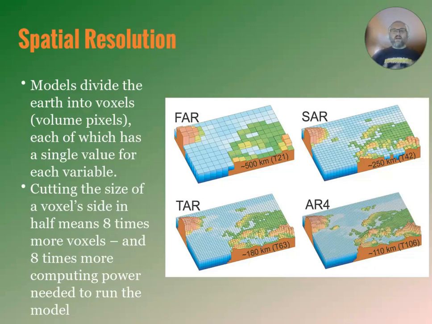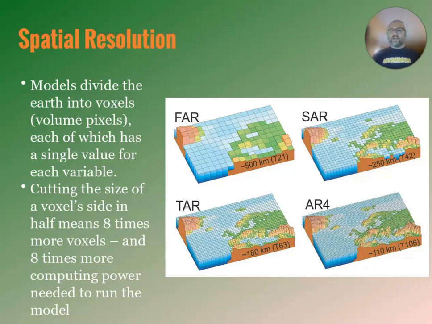And so in the first report that they did, the first time they did one of these reports, their models used voxels that were 500 kilometers to a side. So each of those little blocks you see under FAR, the first assessment report, is 500 kilometers square. For the second assessment report, they improved the resolution to 250 kilometers to a side.